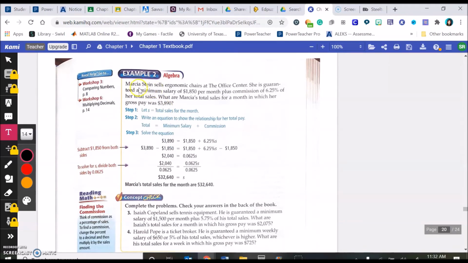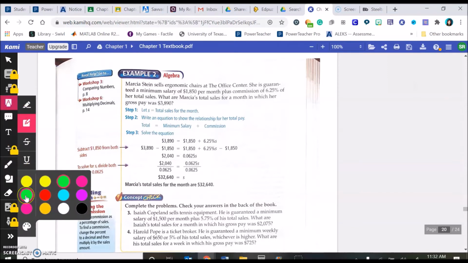So example number 2. Marcia Stein sells ergonomic chairs at the office center. She is guaranteed a minimum salary of $1,850 per month, plus she gets commissions of 6.25% of her total sales.